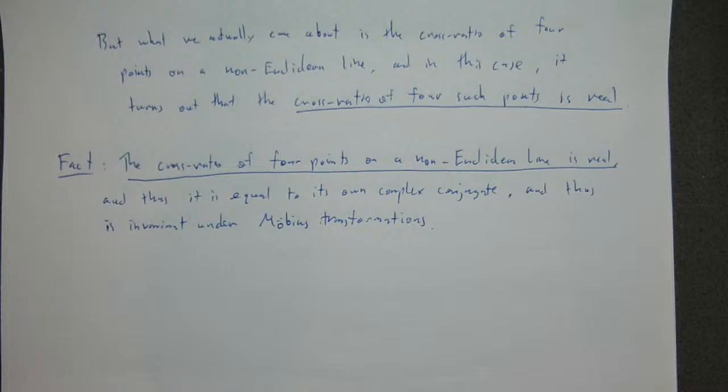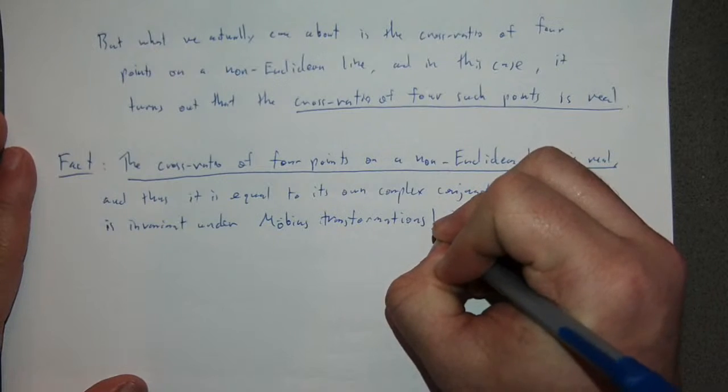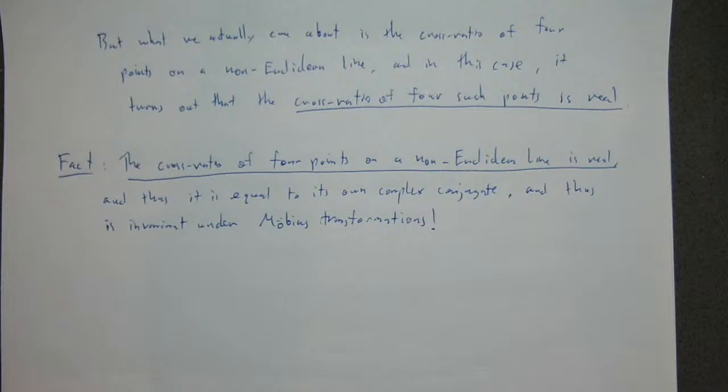And that particular transformation replaced the cross ratio with its complex conjugate. So Möbius transformations either preserved the cross ratio or replaced it with its complex conjugate. And so, if you have a cross ratio that's real, it is necessarily invariant under Möbius transformations. Okay, so that is the important statement.